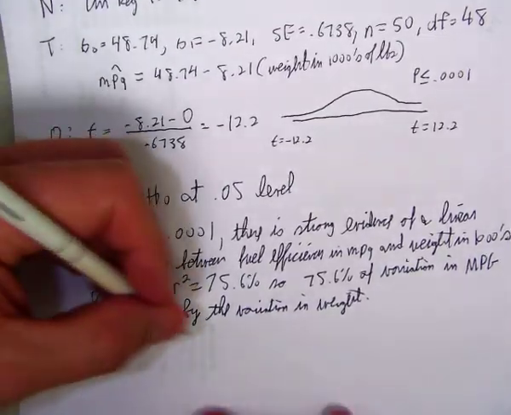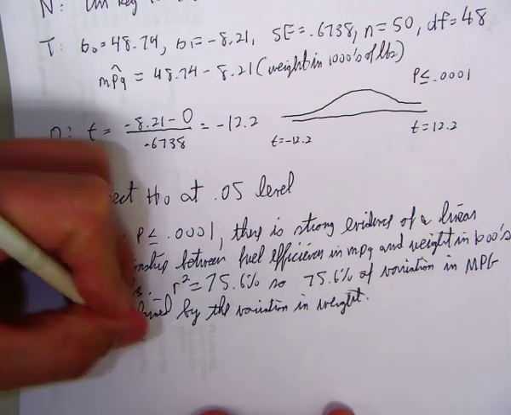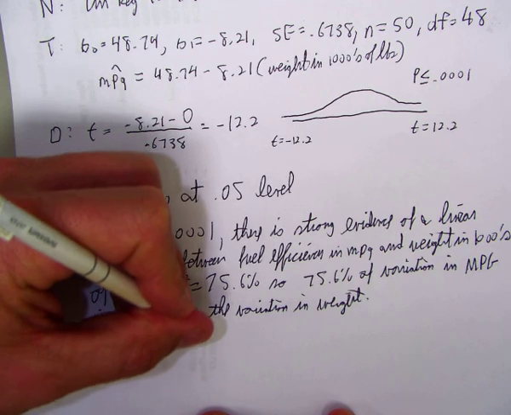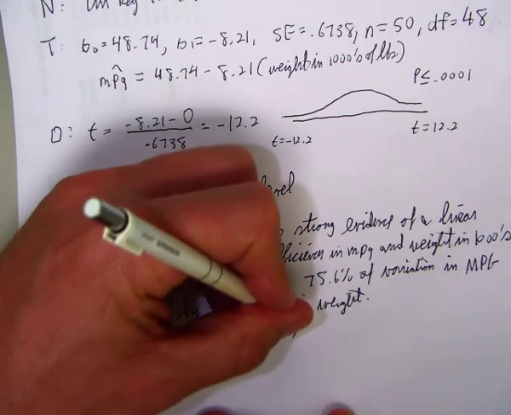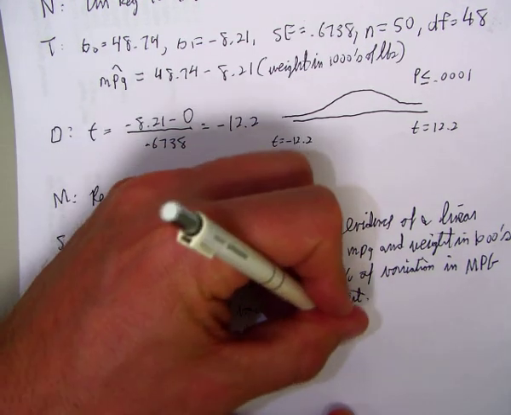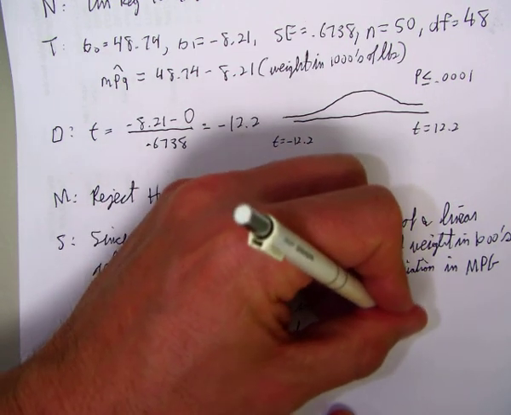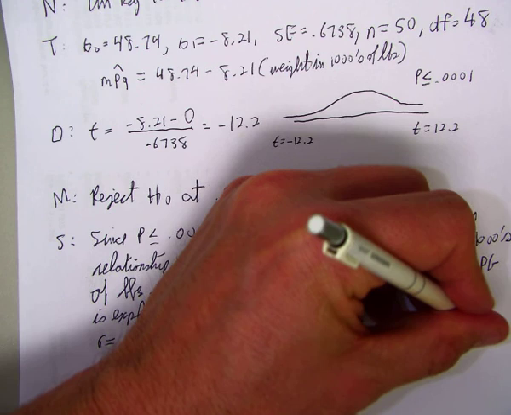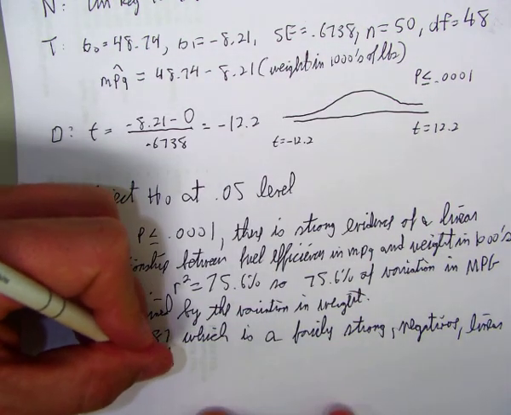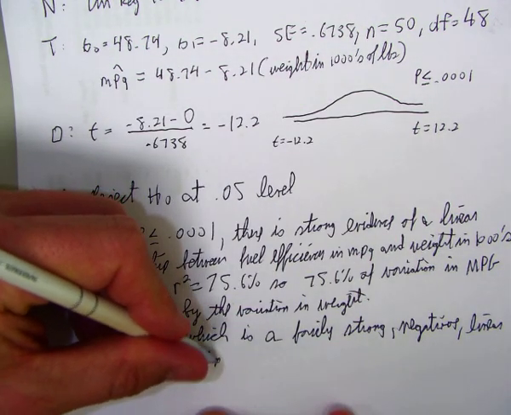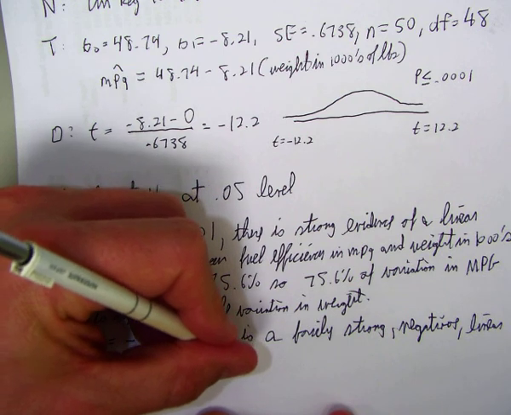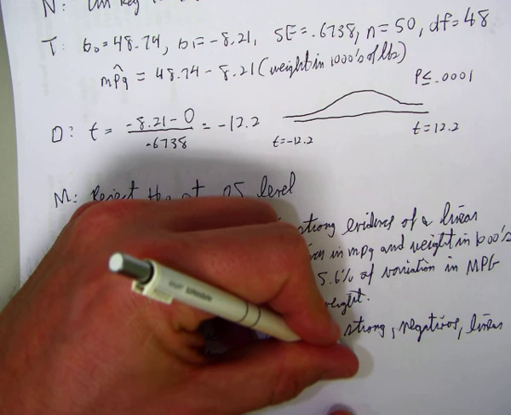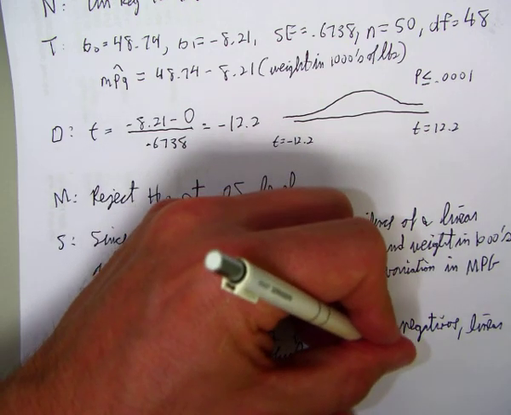So R is negative 0.87, which is a fairly strong negative linear relationship between fuel efficiency and weight.